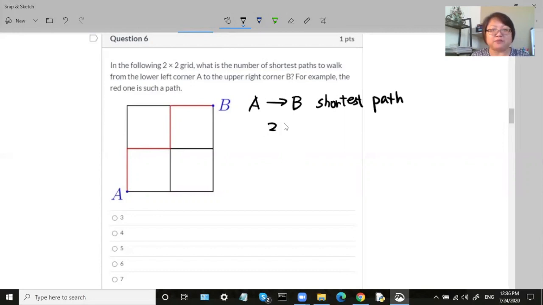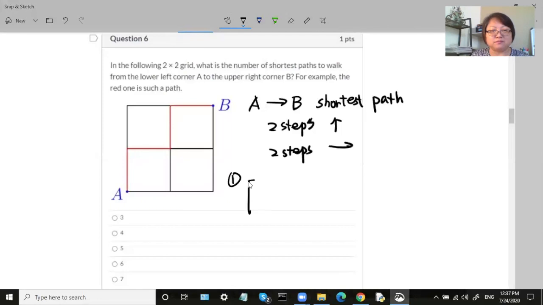So 2 steps go up and 2 steps go right. Just like this example, the red one: up, right, up, right.